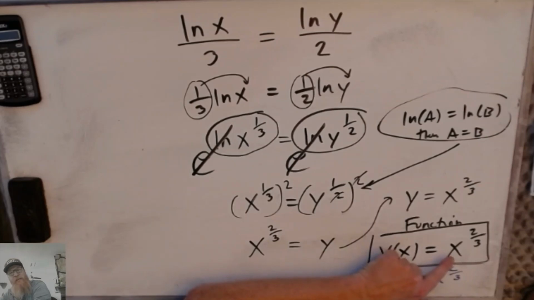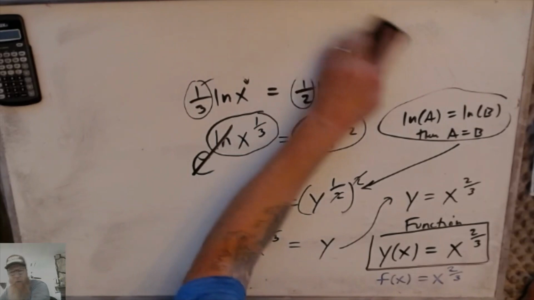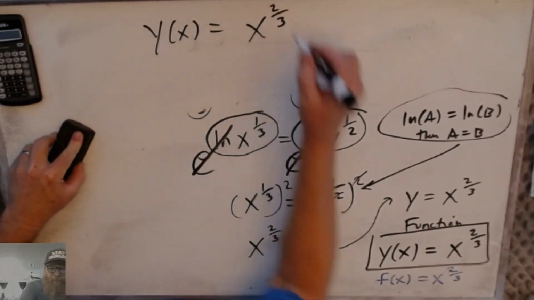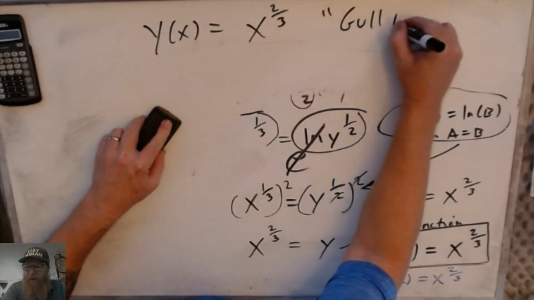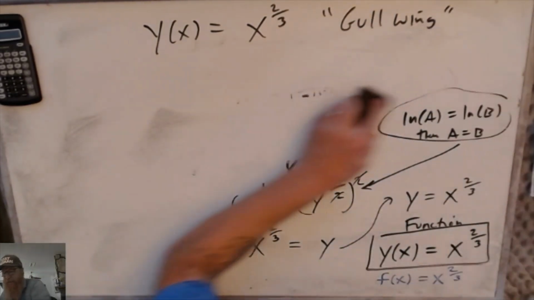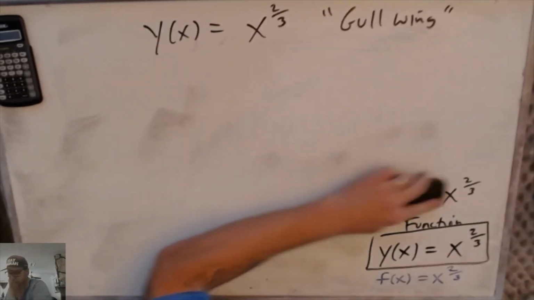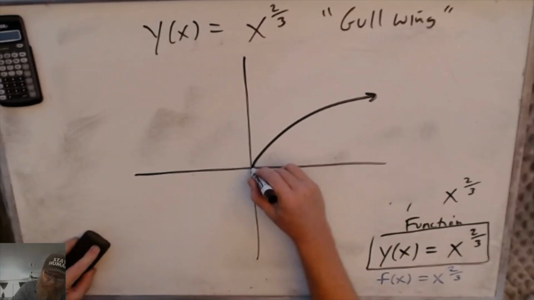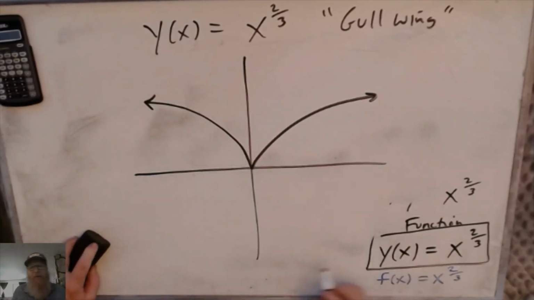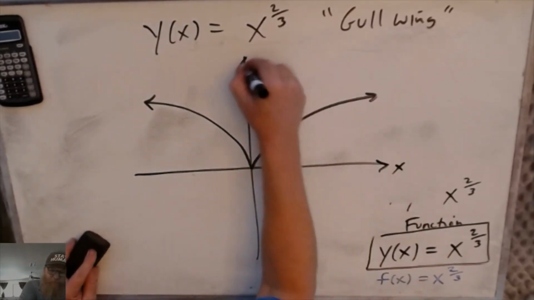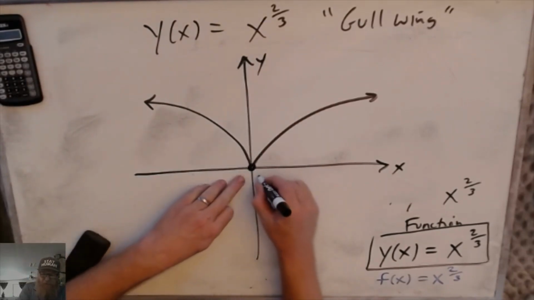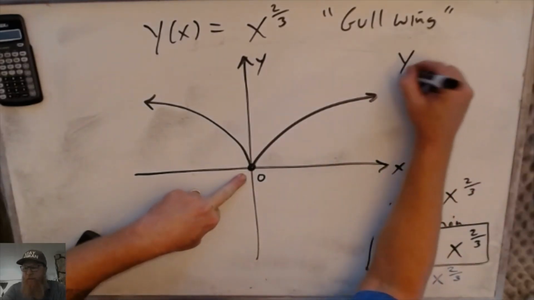Not sure if you've ever seen this graph before. It's the x to the 2/3 power. It's sometimes called the Gullwing graph. Looks like that. Have you seen that before? You could plug in a few points. What would the value be at 0?